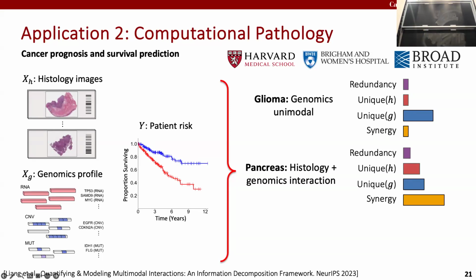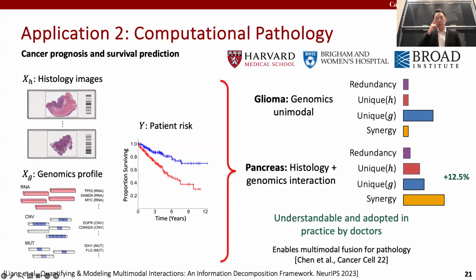There was a predominant interaction that our estimators returned. And these insights were useful because now they were explainable to doctors why in certain cases multimodal helped. And in the case of pancreatic cancer, because of all this synergy, multimodal gave more than 12% improvements over individual unimodal models. Whereas for cases like glioma, in brain cancer, training multimodal models didn't really give any performance improvement over just genomics unimodal models.